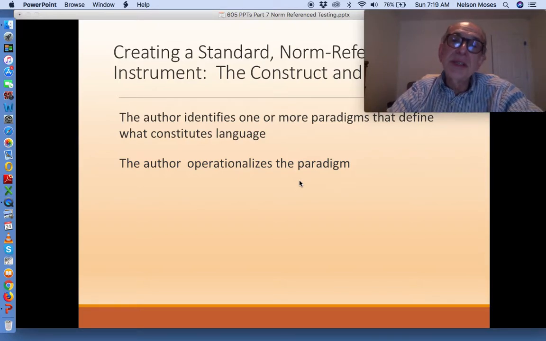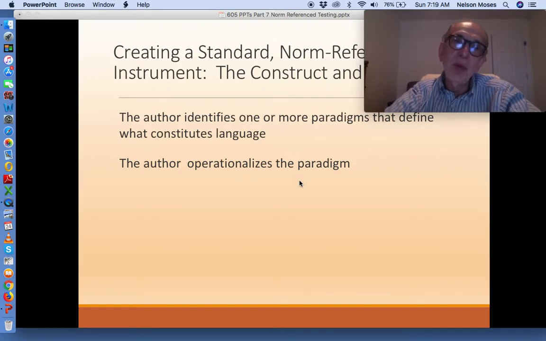Or processes such as memory, discrimination, sequencing, etc., the kinds of things that the information processing paradigm reveals. However, those things are constructs again. Executive function can't be seen directly. It has to be reflected in observable, measurable behavior. The author has to figure out a way to get the client to behave in a way that the observable behavior can be analyzed and these things can be identified.